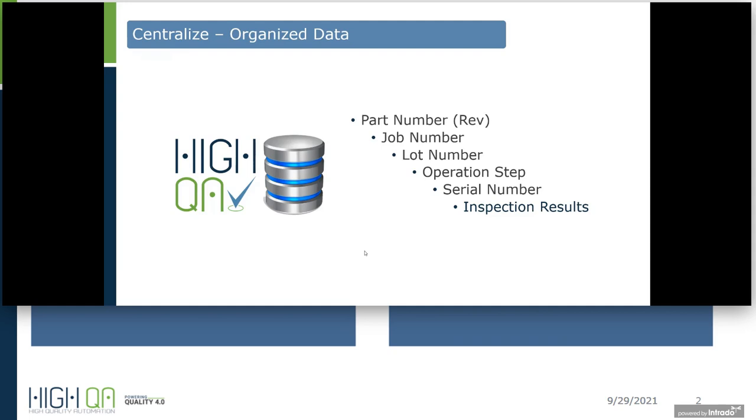But this is ultimately what we need: a database that allows us to track our quality data according to part numbers with their revisions, jobs, lots, operation steps, and the serial numbers of the parts. Whether you serialize or not, you need the sample data at the very least, and then the inspection results within them, right? We want our data to be traceable, okay?